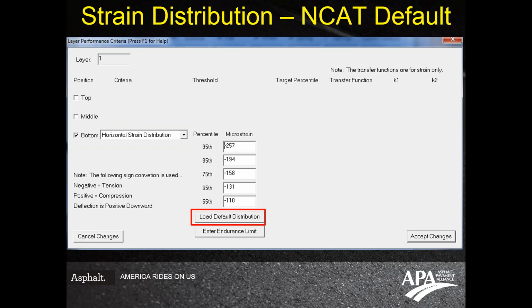If we click on load default distribution, that will automatically load the tabular data from that previous slide I showed, at the 95th, 85th, all the way down to the 55th percentile. So that is loading in those control points as the basis for design. I could also just enter them manually if I wanted to. And so that gives us those control points to be used for design at those very specific percentile values.